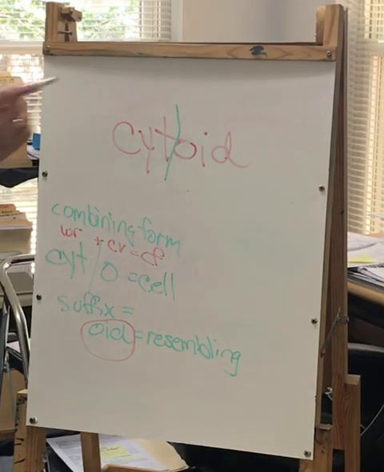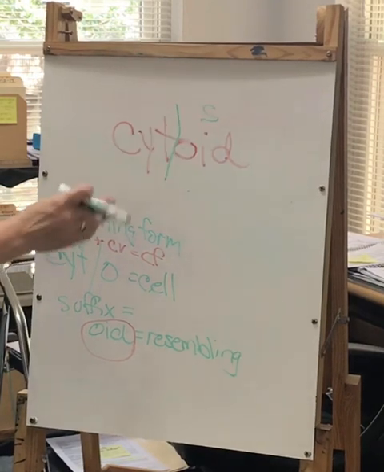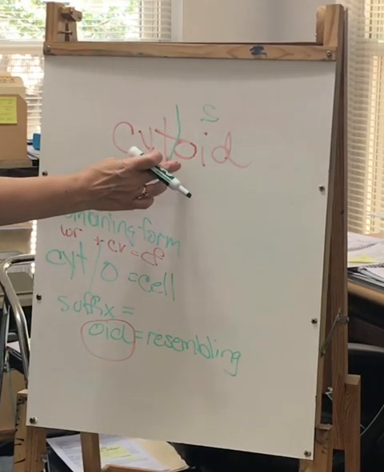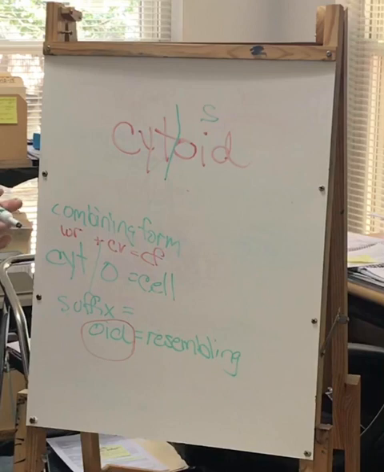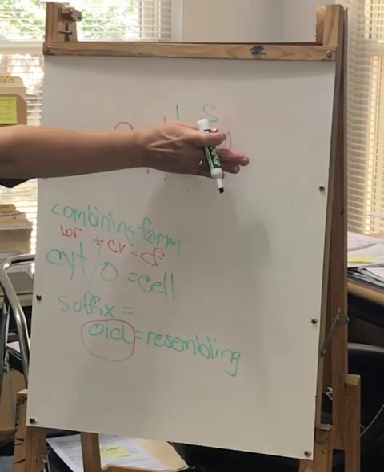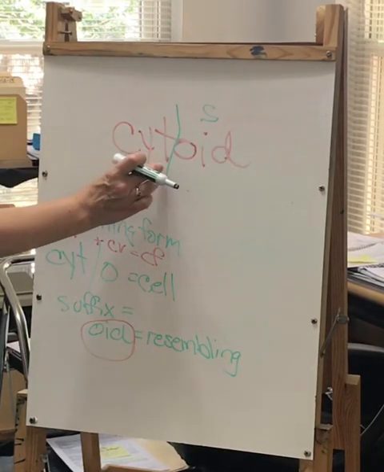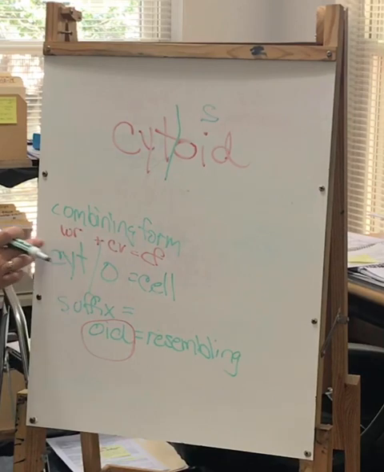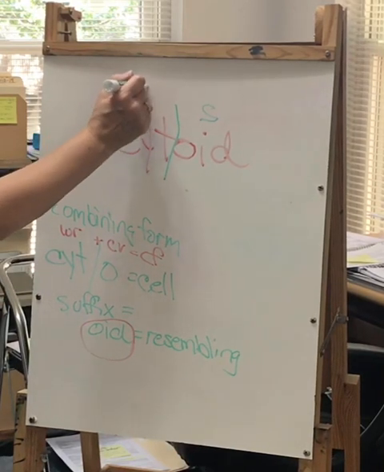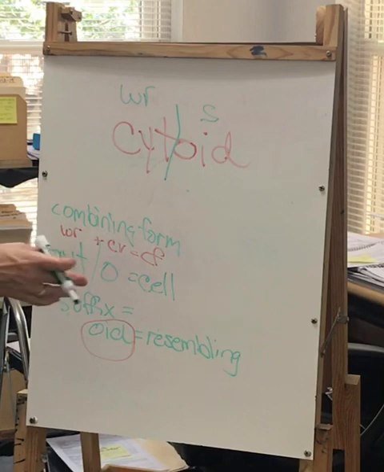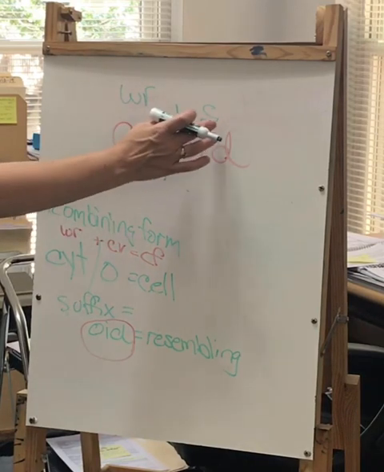Now, you have a suffix. Oid is your suffix. You can't think of that as a combining vowel. So if it's not a combining vowel and all you have is cyt, that means you have a word root. So cytoid is simply a word root with a suffix.